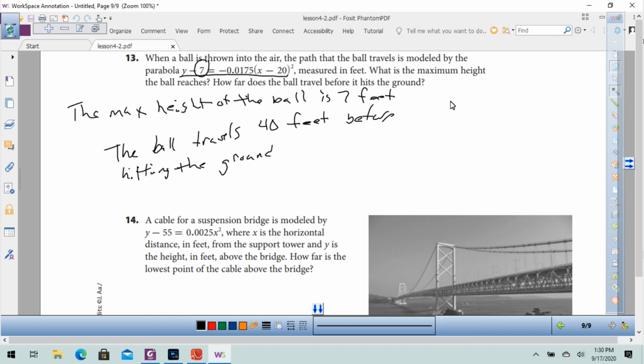What is the y when the ball hits the ground? It would be 0. So you can have 0 minus 7 equals negative 0.0175 times x minus 20 squared. Okay?